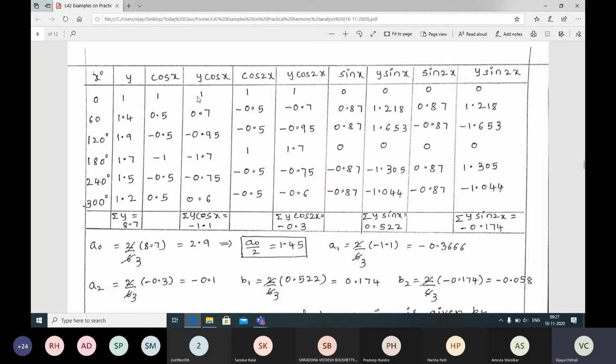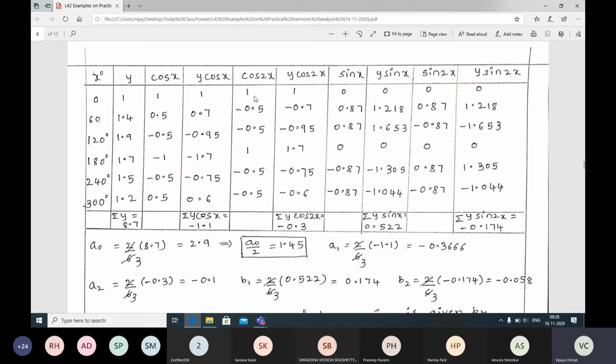So 1 into 1, 1. 1.4 into 0.5, 0.7. 1.9 into minus 0.5, minus 0.95. 1.7 into minus 1, minus 1.7. 1.2 into 0.5, 0.6. So the summation of y cos x is, add all the values of y cos x, you will get minus 1.1.